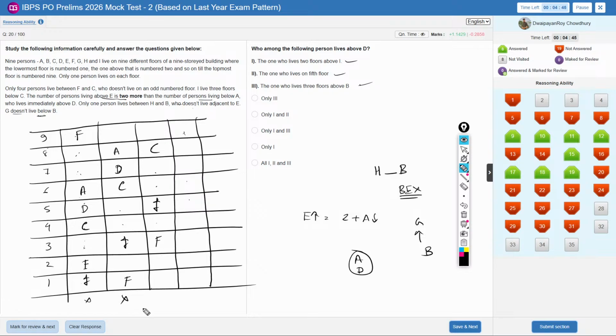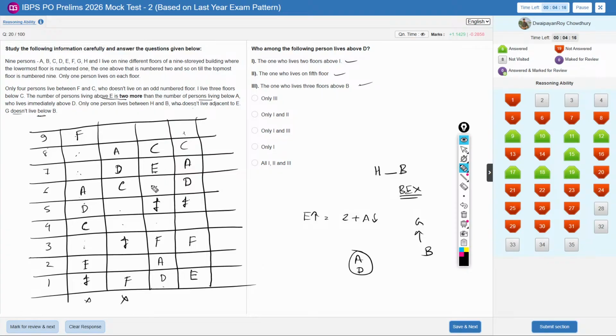Then the last slot, not possible. If AD here and here, or AD can be here and here, right? So 1, 2, 3, 4, 5, 6. So at the last, E would be the last.